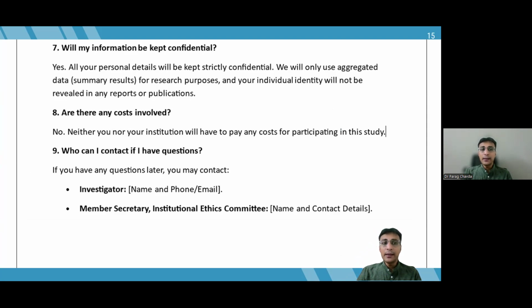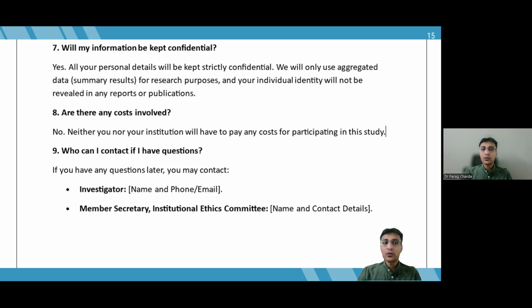We will only use aggregated data, which is summary results. We talked about this in the last session, where we talked about data analysis plans and dummy tables. The dummy tables provide only summary results and not information on each of those study participants. Your individual identity will not be revealed in any research reports or publications.